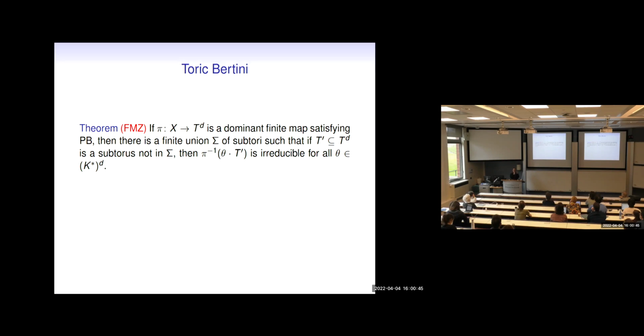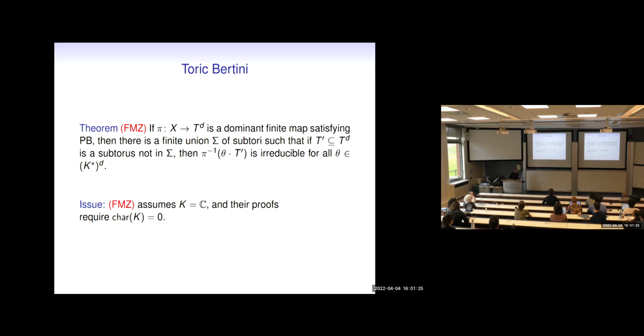And you don't just take the torus, you can take any coset of the torus. Taking a coset of the torus is like taking an affine hyperplane instead of demanding that your hyperplane passes through the origin. So as long as you satisfy PB, we do have a Bertini theorem. There's only a finite number of bad choices and for every other torus, and you can take cosets, the preimage will be irreducible. So that gives us a version of a Bertini theorem in this case.